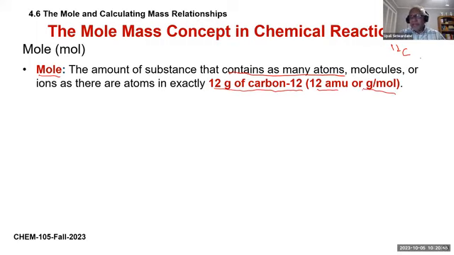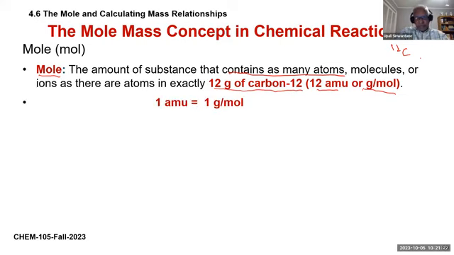That is the standard, like a pound in the British system. Therefore, for the mole concept, the standard is carbon-12: 12 grams of carbon-12 has 12 atomic mass units in it, or 12 grams per mole.